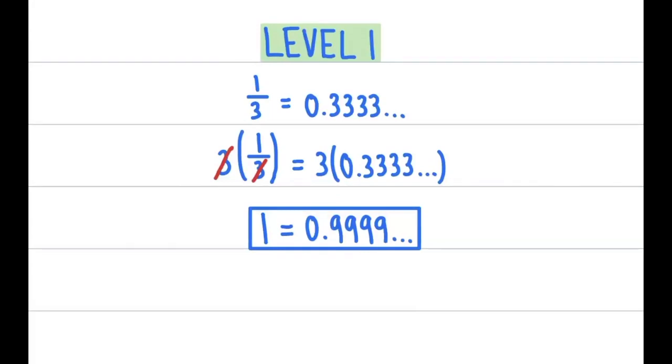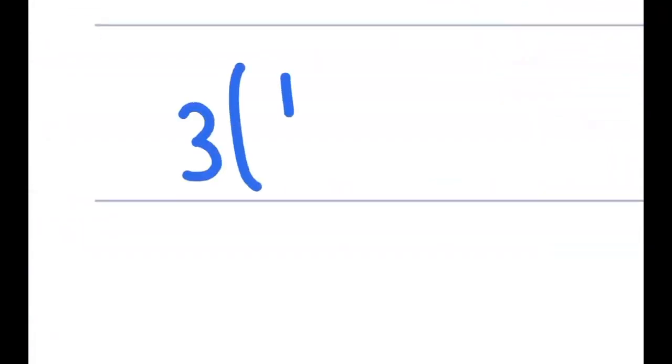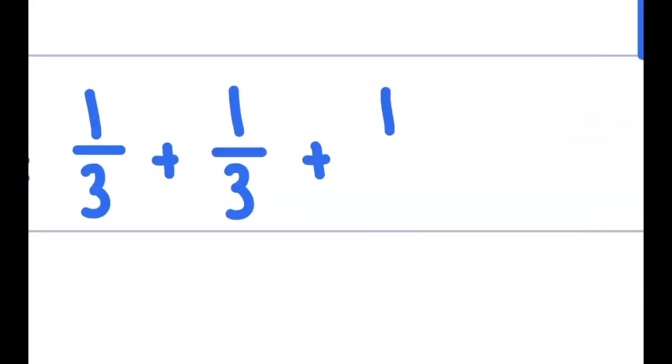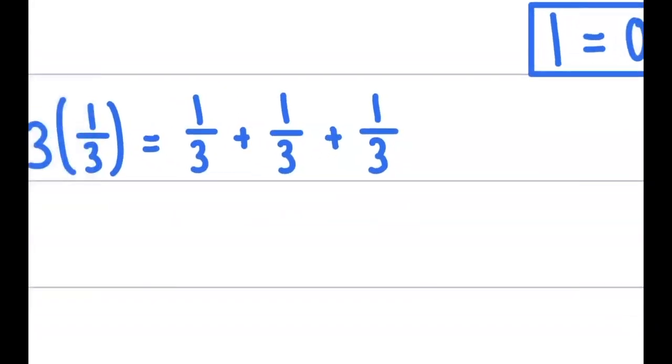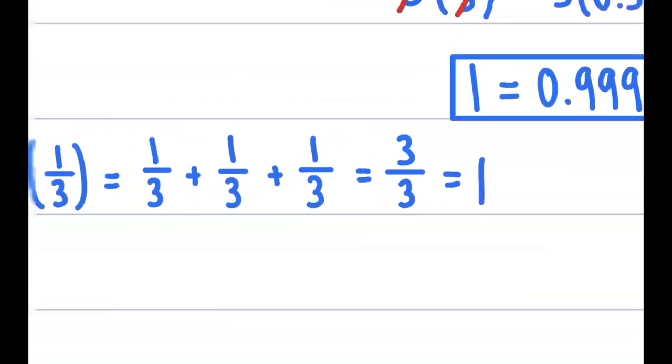But if someone doesn't believe that 3 times 1/3 equals 1, there's another way of showing it, because you can write 3 times 1/3 as 1/3 plus 1/3 plus 1/3. They all have the same denominator, so you can just add up the numerators and you'd get 3/3. And 3 divided by 3 is 1.